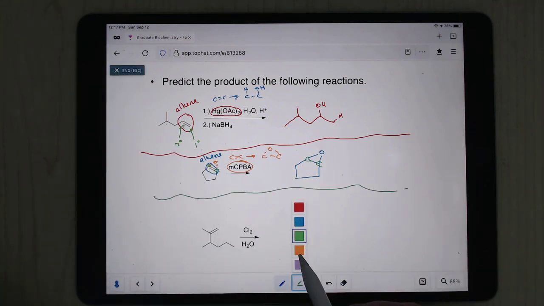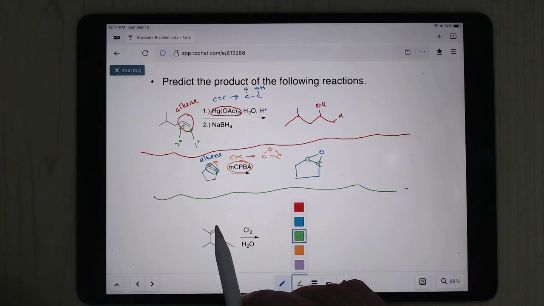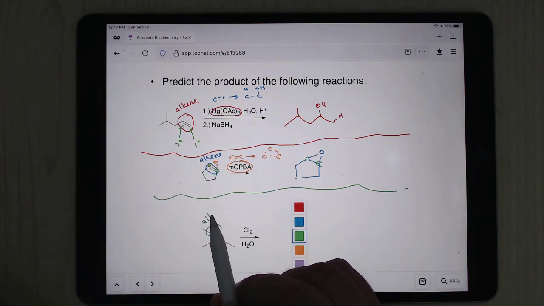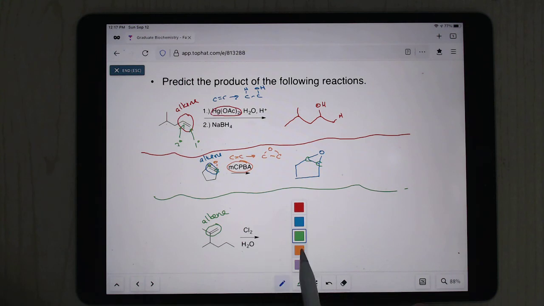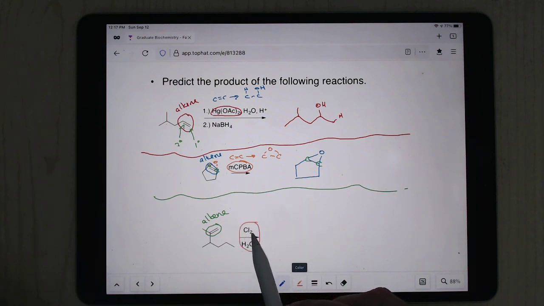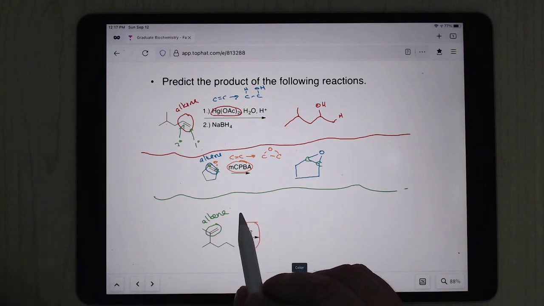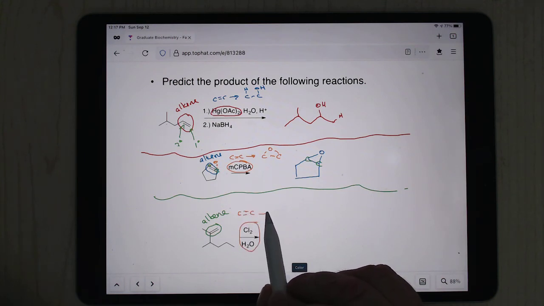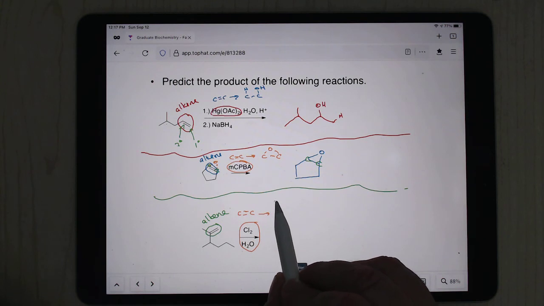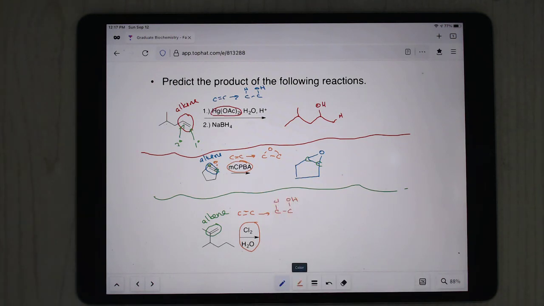Now for this one here, here's the alkene. And we do have chlorine, but there's also water involved. What that's going to do is put a Cl on one side and an OH on the other. That's the halohydrin. If the water wasn't around, you would just add Cl's to both sides. But here, the OH is going to go on the higher ordered side because it ends up getting added second.